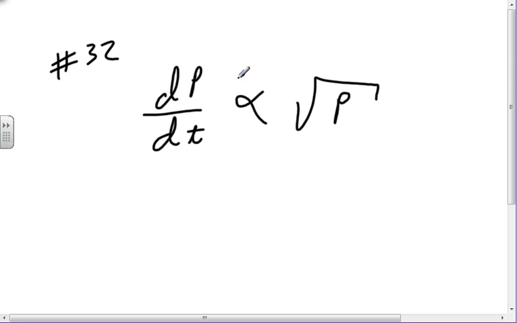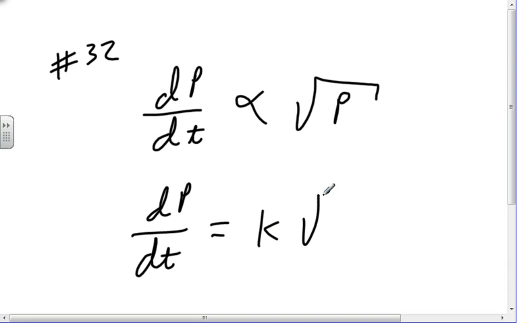When I take away the proportional sign, what do I have to do? dP/dt equals k, some constant of proportionality, times the square root of that. Done.